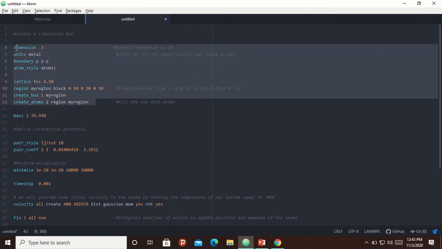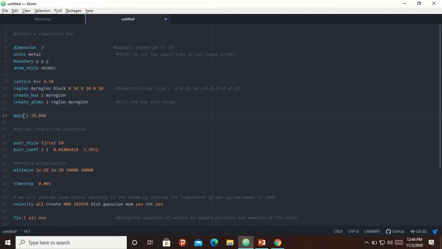So in these lines our simulation box has been created, and we have filled the simulation box with argon atoms.